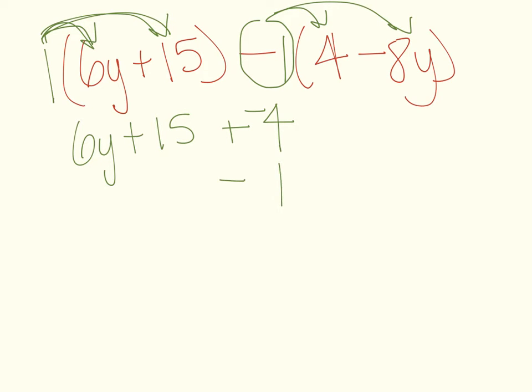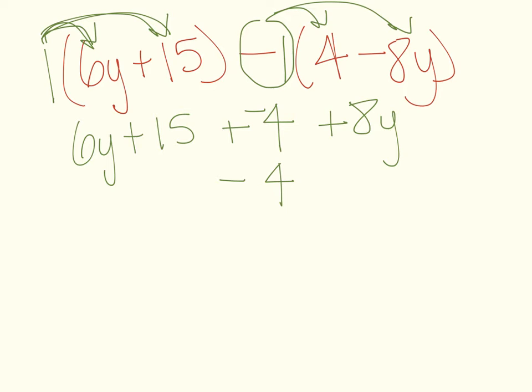So again, you can write minus 4, or you can write plus negative 4. These two are the same thing. They're equivalent. Now, negative 1 times negative 8y is a negative times a negative, and a negative times a negative is a positive. So now your negative 1 times your negative 8y turns your 8y into a positive.